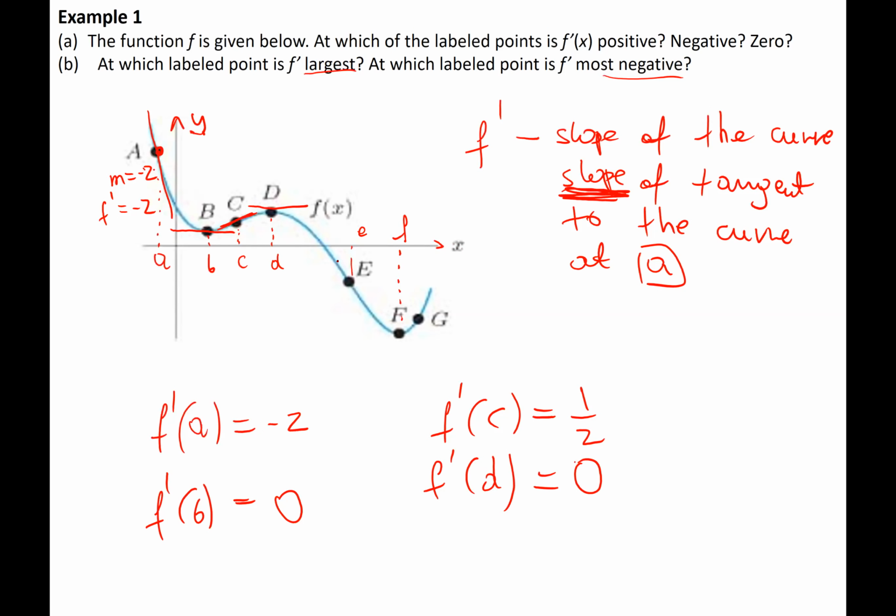Okay, what about E? That's my tangent. The derivative at E is definitely negative. Let me draw it again. Do you think it's more steep or less steep than at A? I think it's a little bit less steep. That means, let's say -1. Doesn't matter, I can put -1.5.